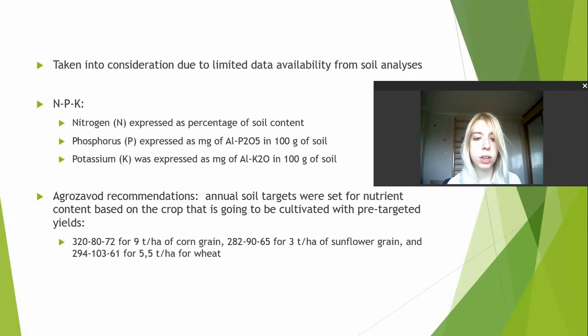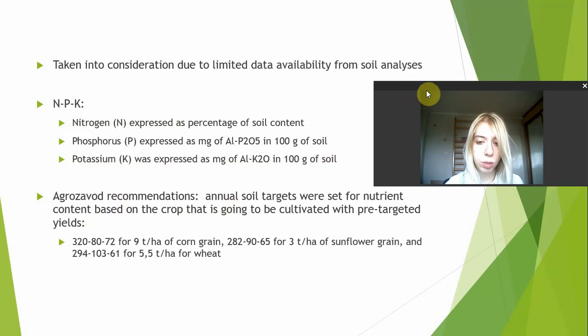Nitrogen is expressed as a percentage of soil content. Phosphorus is expressed as milligrams of this given chemical compound in 100 grams of soil, as well as potassium, but in its given chemical compound.